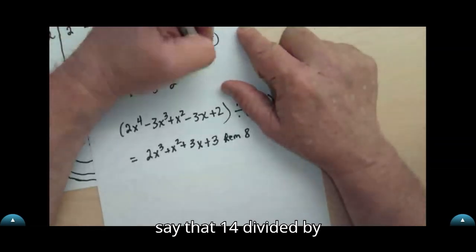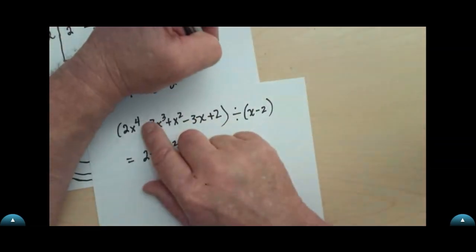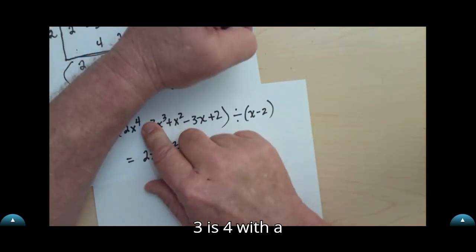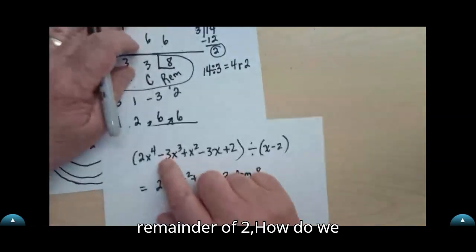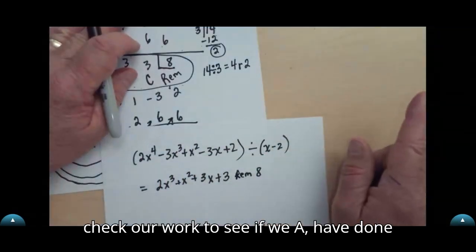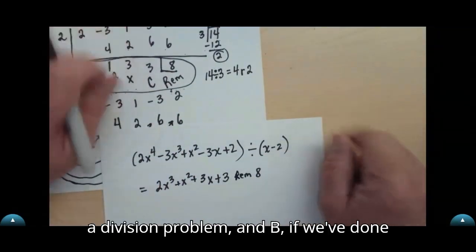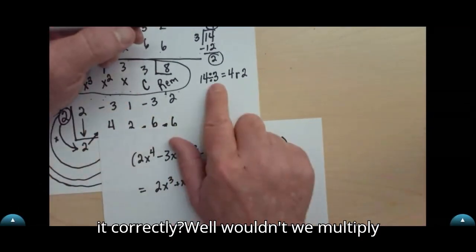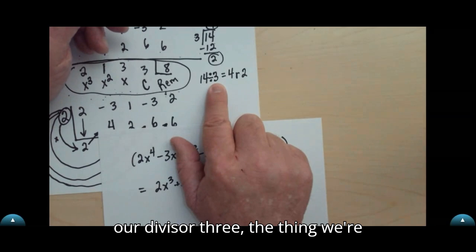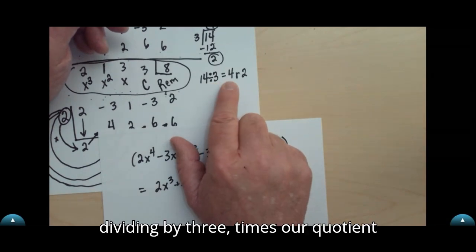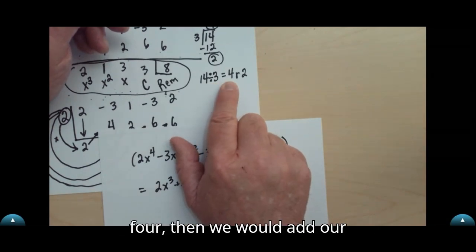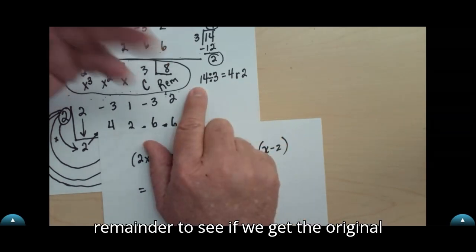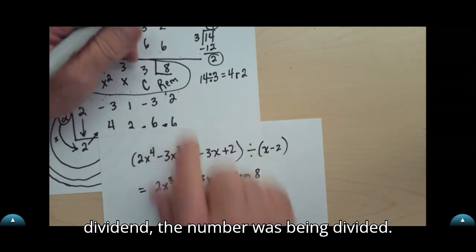So when we say that 14 divided by 3 is 4 with a remainder of 2, how do we check our work to see if we, A, have done a division problem, and B, if we've done it correctly? Well, wouldn't we multiply our divisor 3 times our quotient 4, then add our remainder to see if we get the original dividend, the number being divided?